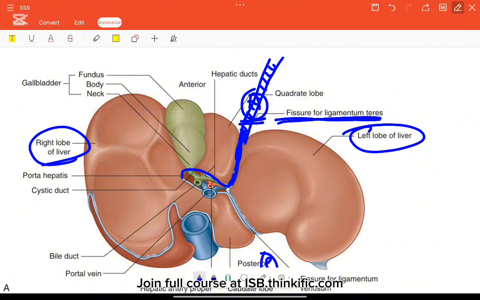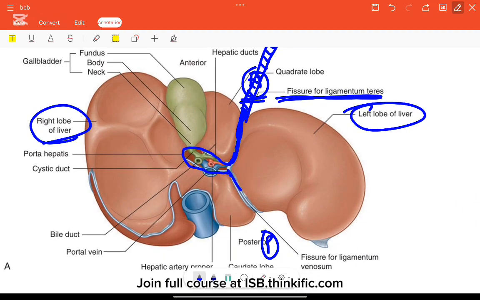Then this fissure for ligamentum teres ends at the porta hepatis, and another fissure emerges from the posterior aspect of the porta hepatis called the fissure for ligamentum venosum. This is referred to as the fissure for ligamentum venosum. This fissure is the remnant of the ductus venosus.